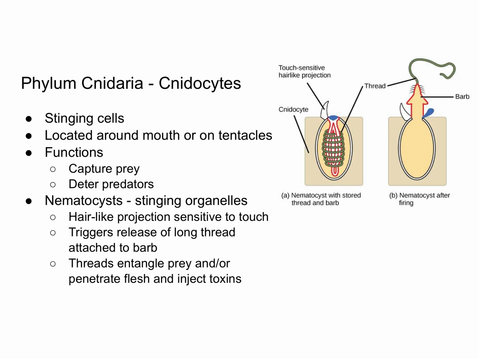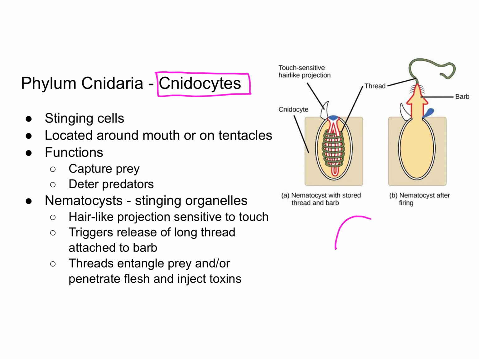Looking at the phylum Cnidaria, one distinguishing feature of these animals is that they have cnidocytes. And cnidocytes are the stinging cells. If you've ever been swimming in the ocean and been stung by a jellyfish or a jelly, it's this cnidocyte that is to blame for that sting. It can be located around the mouth or on tentacles.